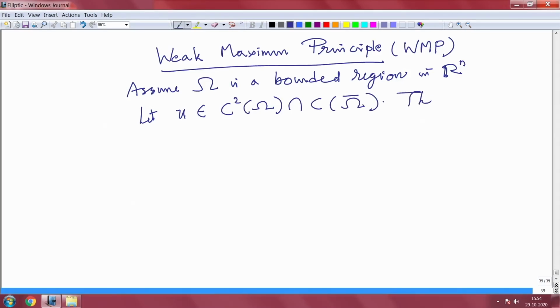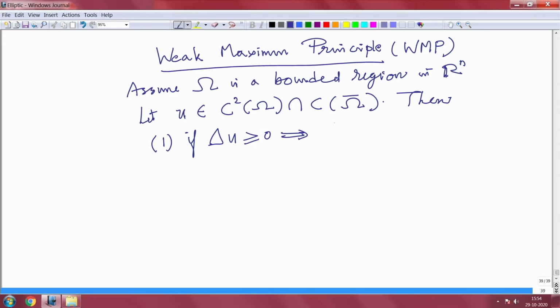Then you have: one, if U is subharmonic. What we have proved is that if U is subharmonic and C2 and non-constant, it cannot have an interior maximum. But a continuous function in a closed bounded domain has to have a maximum, so that maximum has to be at the boundary.